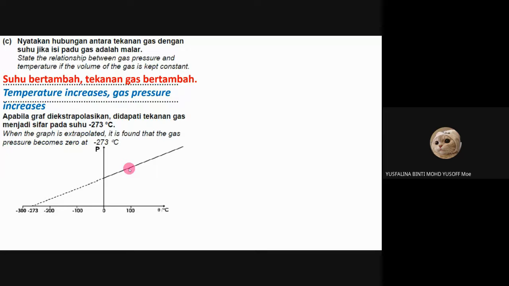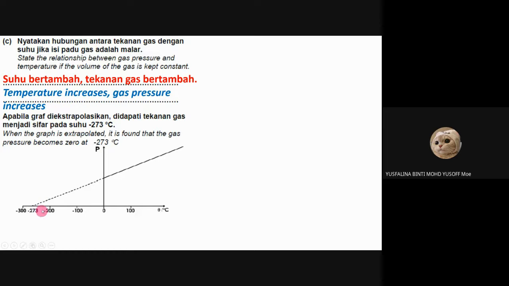So this one is actually the graph. The graph is all just the same as Charles' law, and the only thing they change is the axis. Just now it was V, right? Now because we investigate P against T, just change the V to P, but the graph is the same. If we extrapolate the graph here, we find that the pressure becomes zero at negative 273.